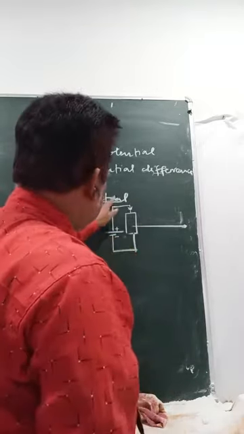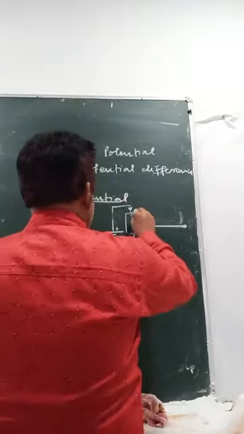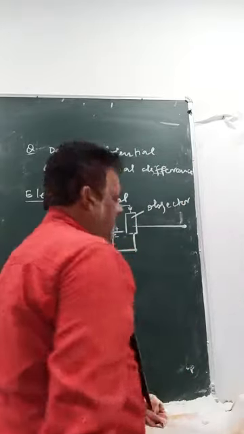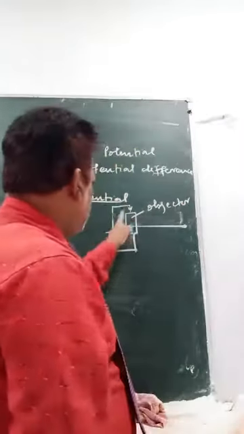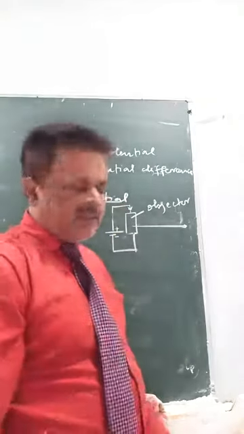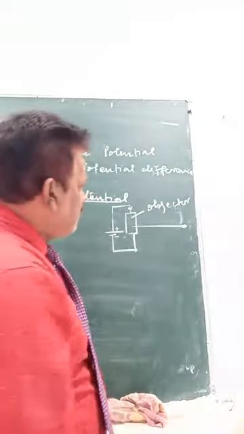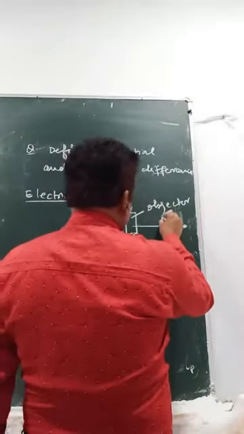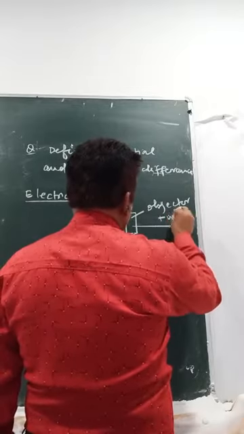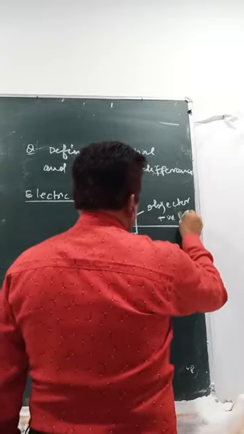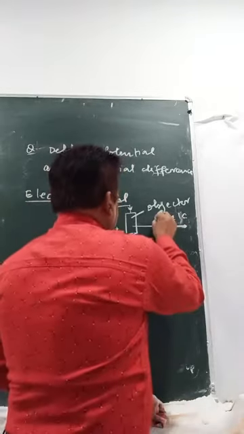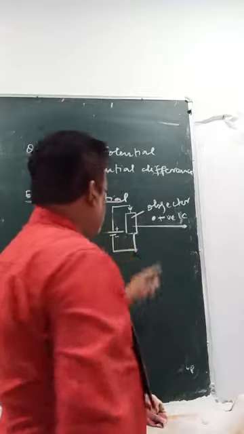Suppose I am giving positive charge to this object. Could be anything, metal or a conductor, whatever it may be. When this object is fully positively charged, I will bring a small positive test charge, 1 coulomb suppose, towards it.